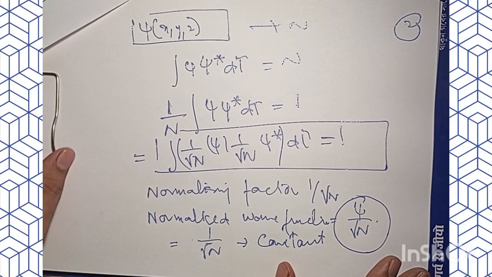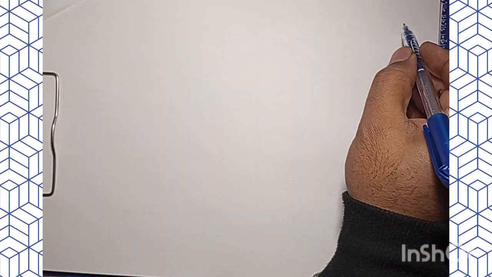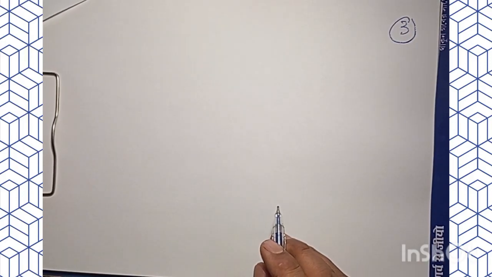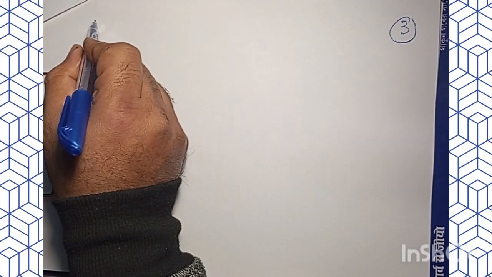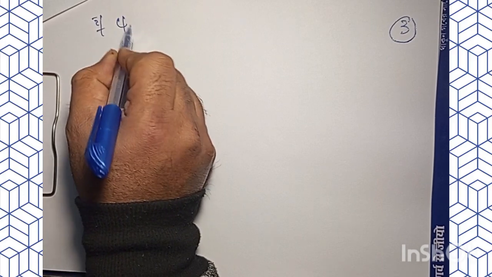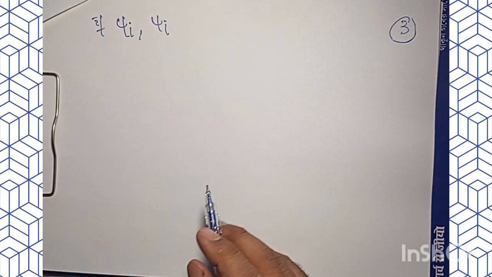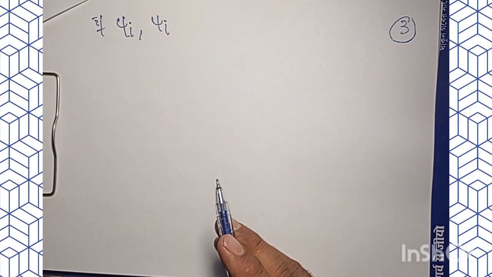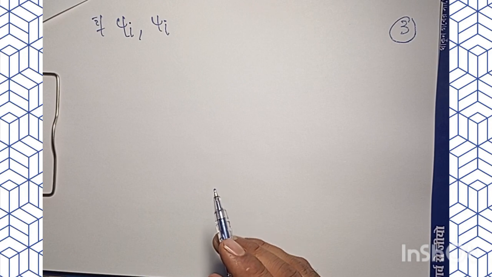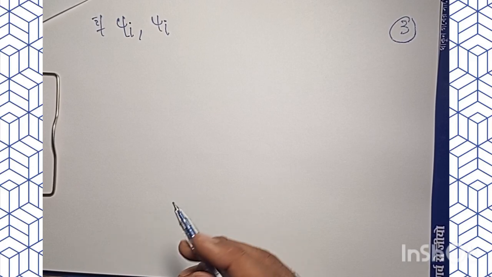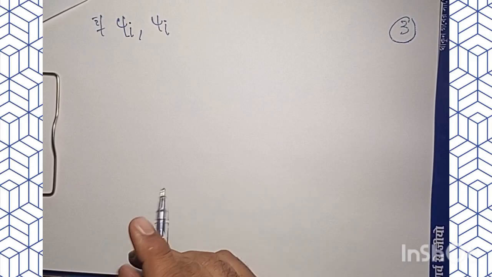Now, if we move on from here, say for example I have psi i and psi j. These are two different wave functions, both being satisfactory solutions of the wave equation for the given system.